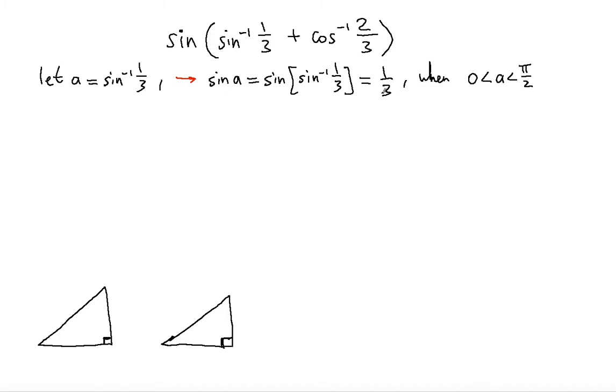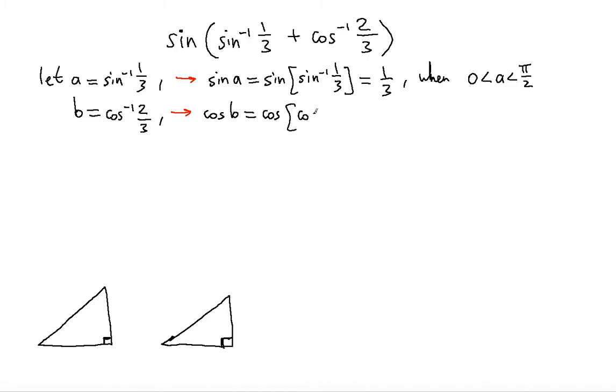So that means we can use another substitution now. Let B be equal to the arc cosine of 2/3. Now in that case, we will take the cosine of both sides, cosine of B on the left side, and cosine of the arc cosine of 2/3.